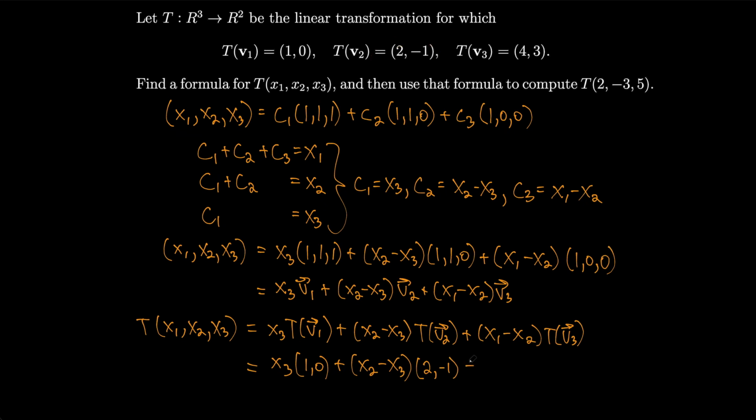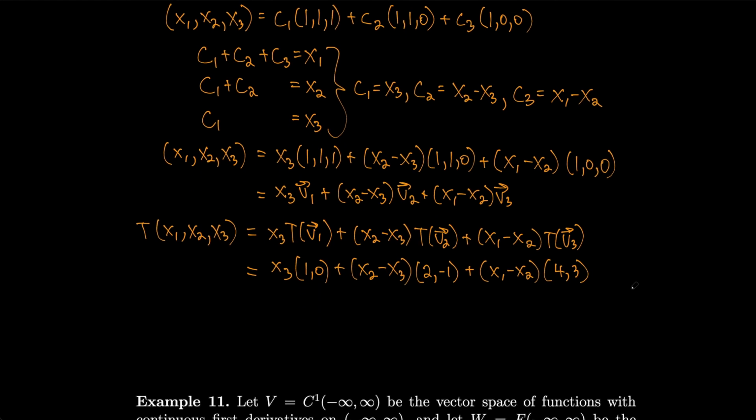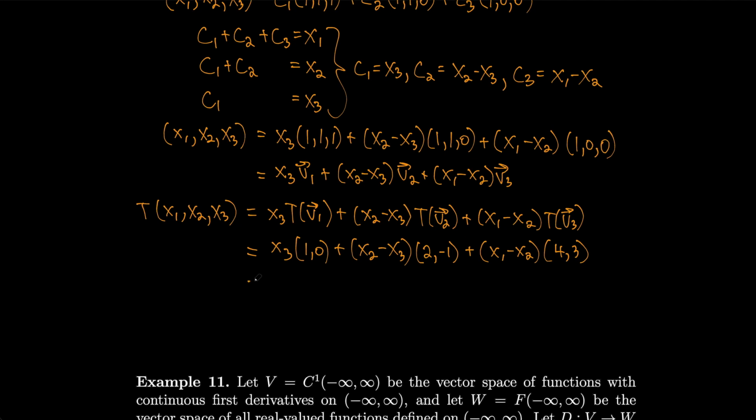And then I've got x1 minus x2 times T of v3, which is (4, 3). Cool. So let's multiply out the x's. We get 4x1 minus 2x2 minus x3 for the first component, right?